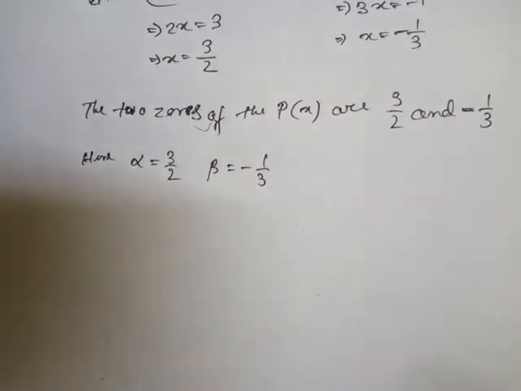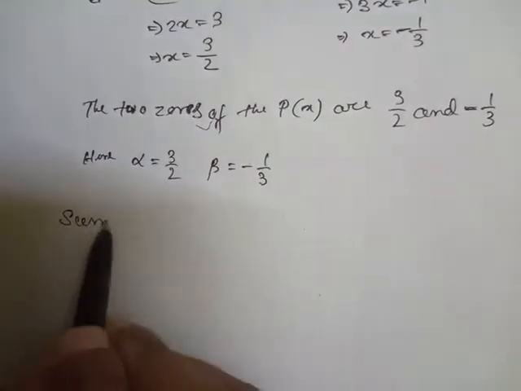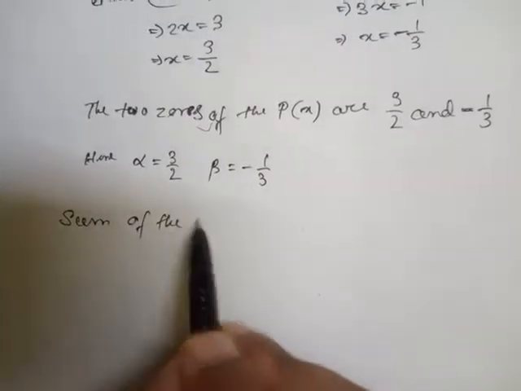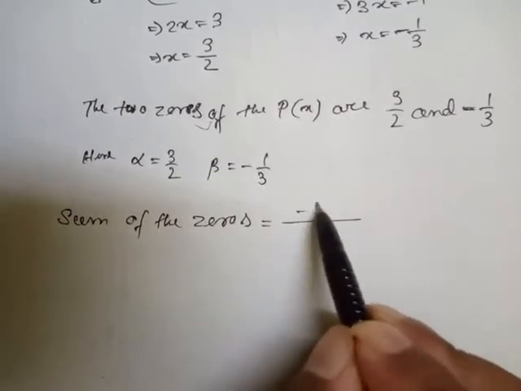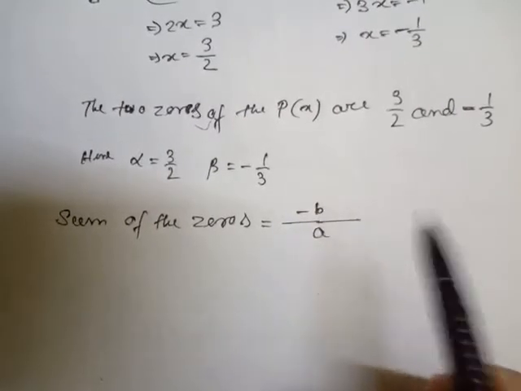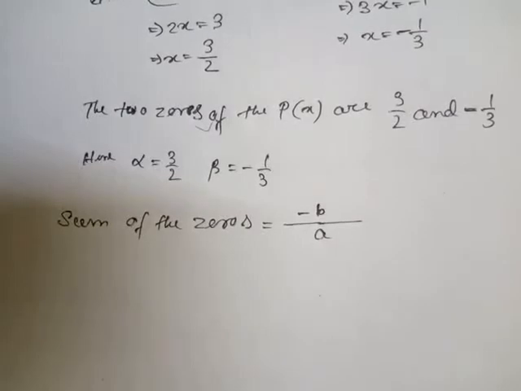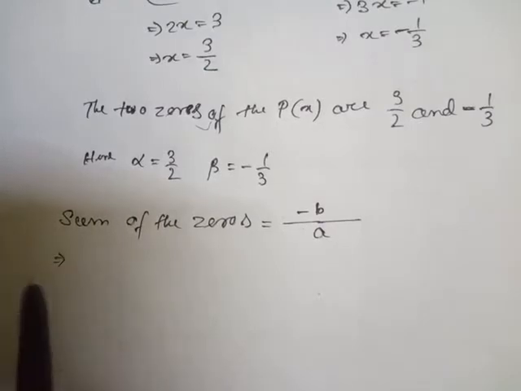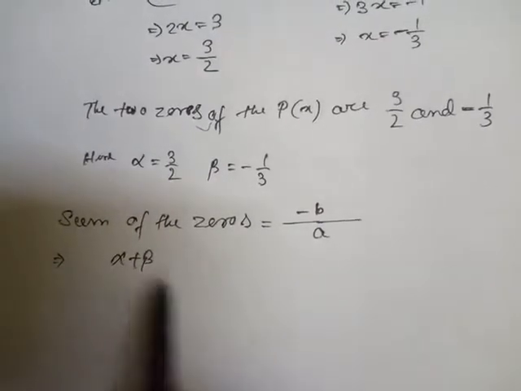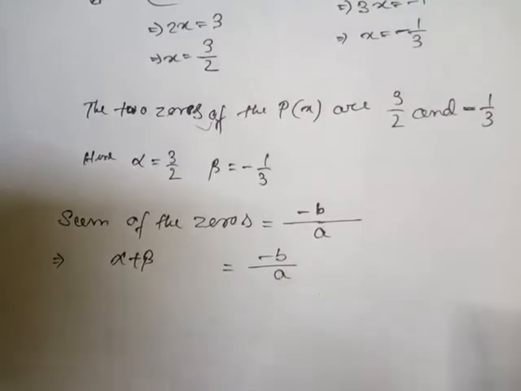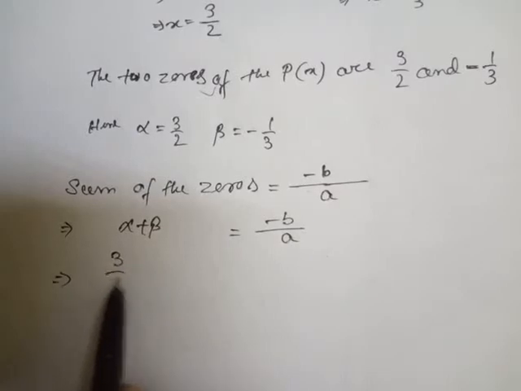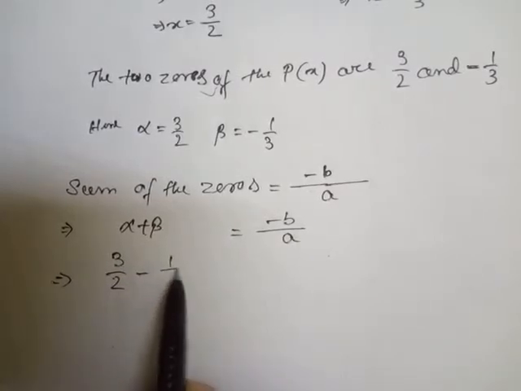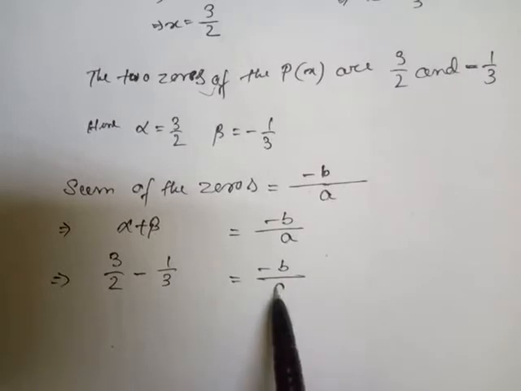According to the formula, sum of the zeros equals minus b by a. So alpha plus beta equals minus b by a. Putting alpha as 3 by 2 and beta as minus 1 by 3, equal to minus b by a.